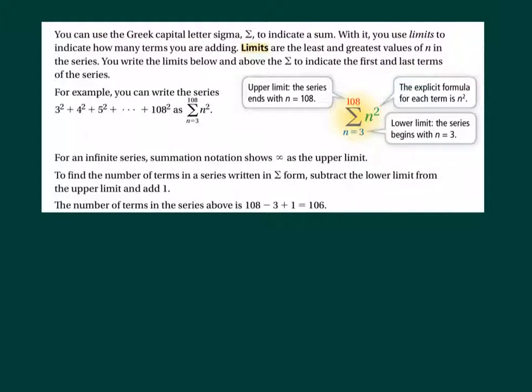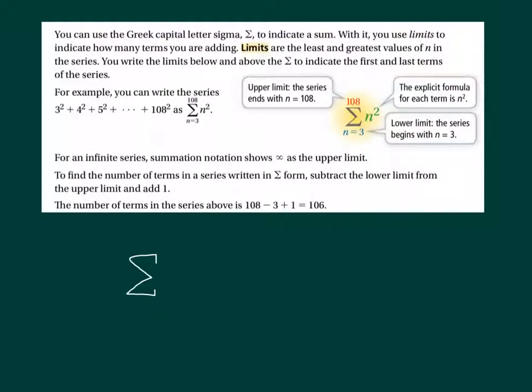Sigma notation. Okay? This is a series, and so we are adding things up. So we use the Greek letter sigma because it's an S, and it means sum, right? So the sum as n, so we're going to have numbers above and below the sigma.